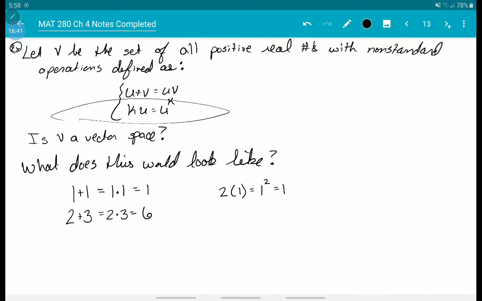But if I were to flip that order, 1 times 2, this is our k, this is our u, so this is 2 to the first, which is 2. So we're asking the question, is this going to be a vector space? Take a minute, pause the video, try all 10 axioms, see what you think. Then we'll come back together and discuss it.